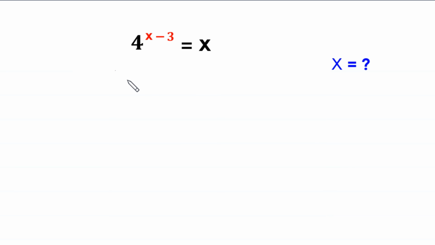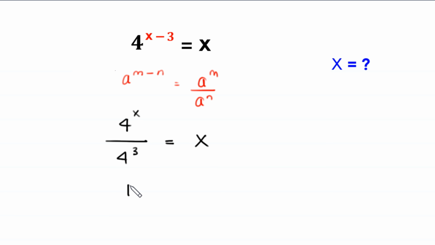By using this property, a to the power m minus n equal to a to the power m divided by a to the power n, we can rewrite this expression 4 to the power x minus 3 as 4 to the power x divided by 4 to the power 3 is equal to x.